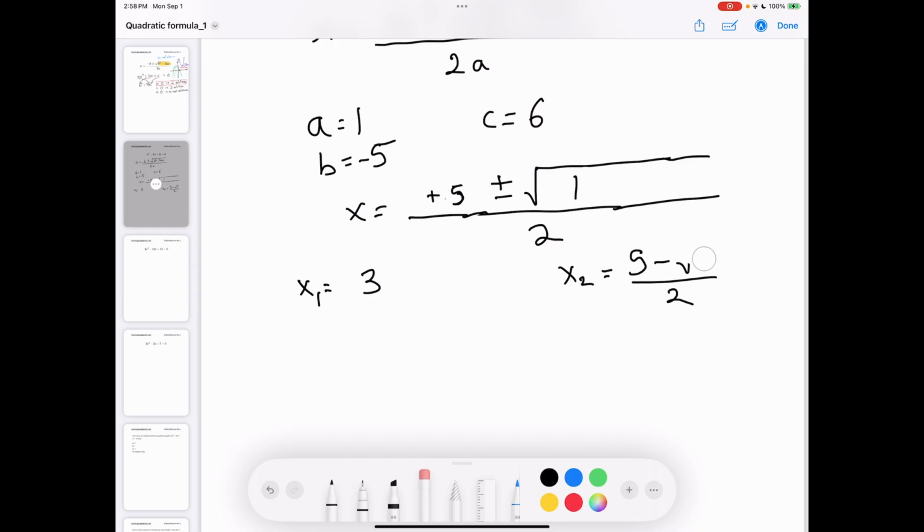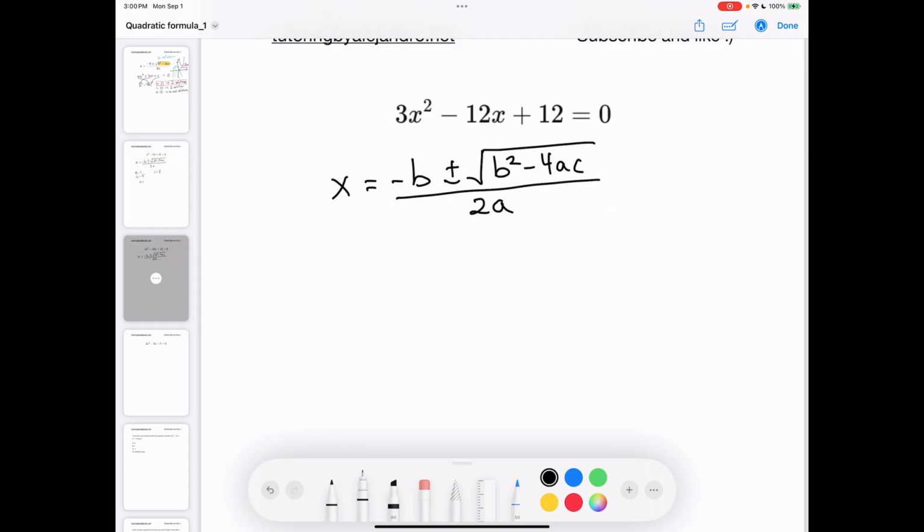We already said that the square root of 1 is 1. Now I have 5 minus 1 in the numerator, so that evaluates to 4. Now I have 4 divided by 2, which is 2. Okay, so those are my two solutions. Great. Let's move on to the next one.